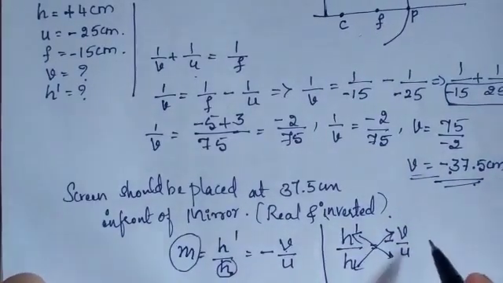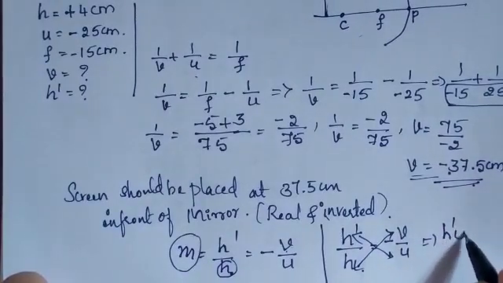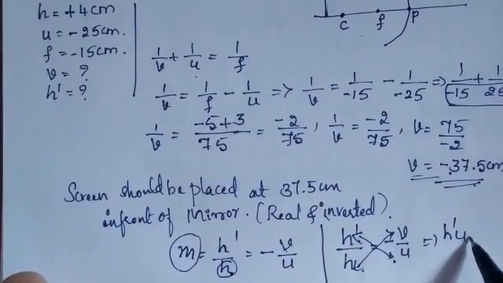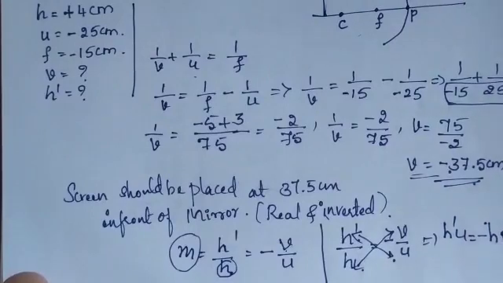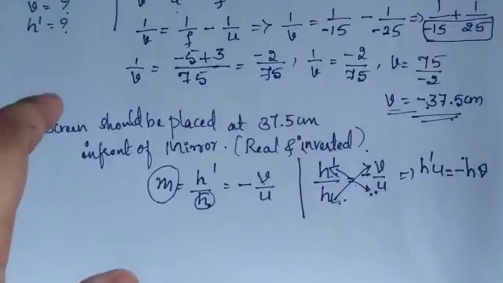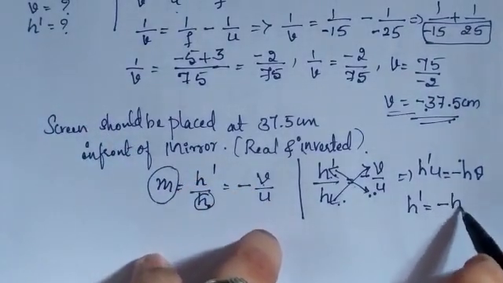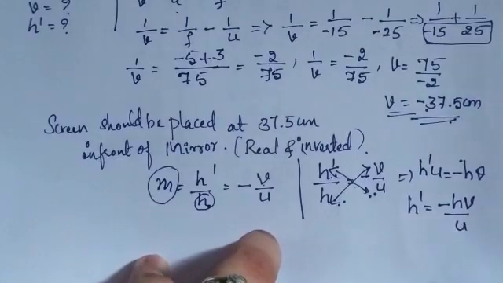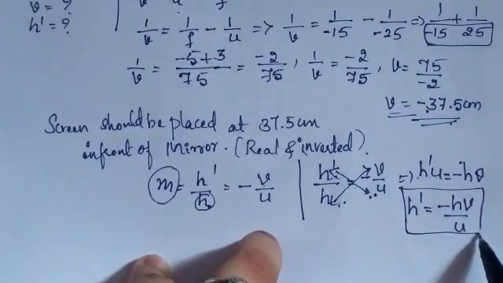I can get h dash u is equal to minus of h into v. So by this you can find the h dash value: h dash equals minus h v divided by u.